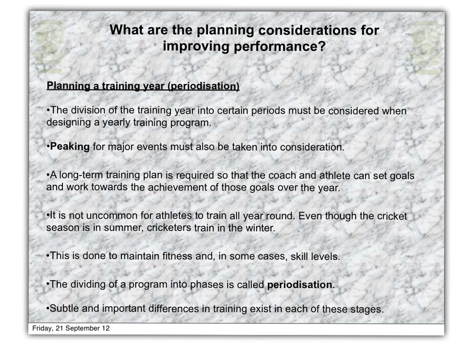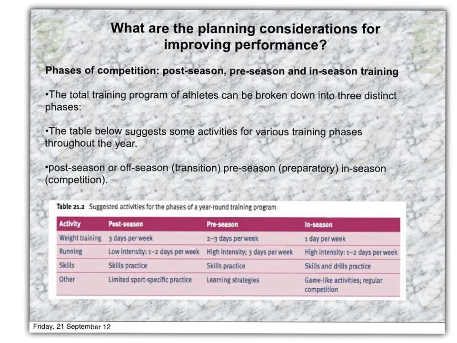The periodisation is, as I said before, dividing the training program or training year into different phases. The training program for most athletes can be broken into three distinct areas of the competition and the training year. The first of those are the post-season, then the pre-season and the in-season. That will be fairly consistent throughout all teams and all sports.